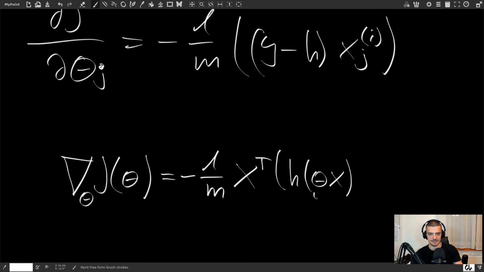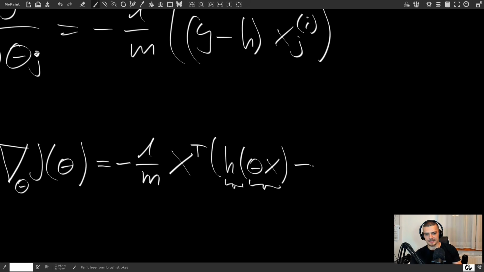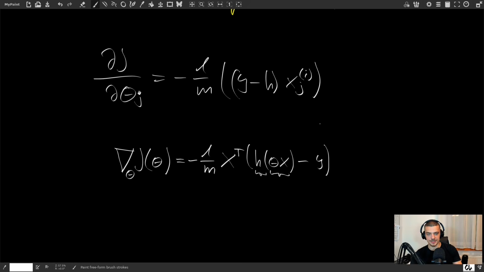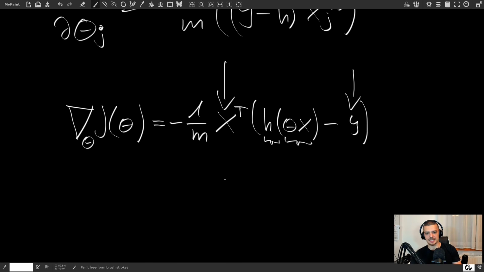So this is now the actual linear combination. This is now calling sigmoid on it. And then we take that minus the actual output vector. So this is now the vector notation. This is not just for a single instance now. This is a matrix containing all the instances. This is an output vector containing all the outputs. These are no longer just individual instances.